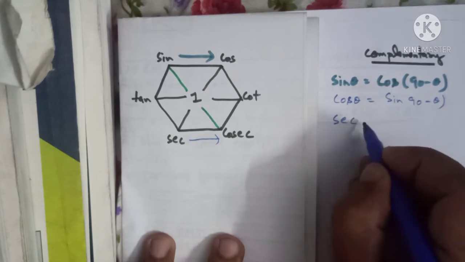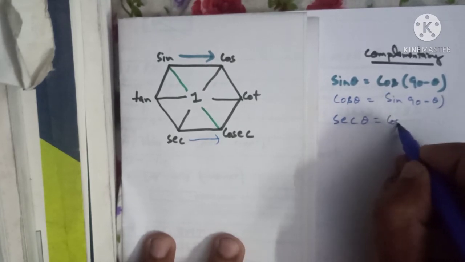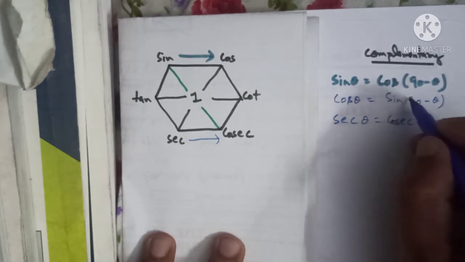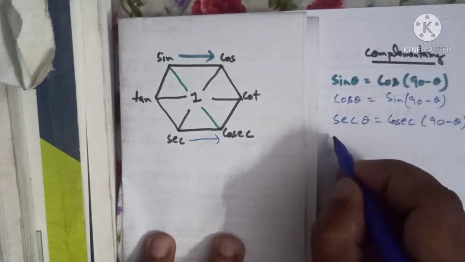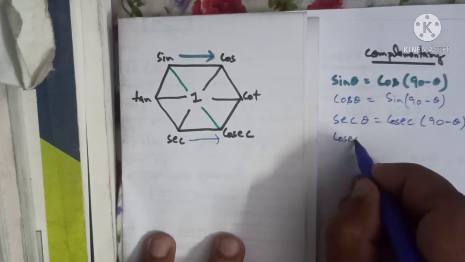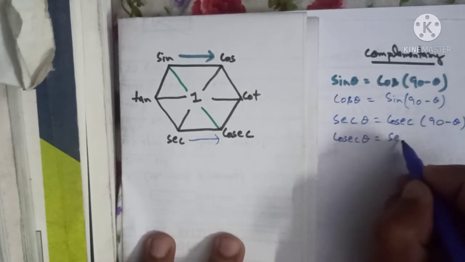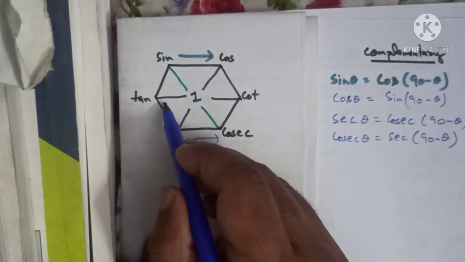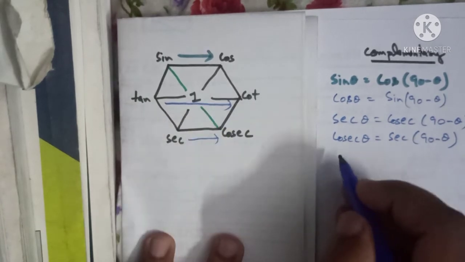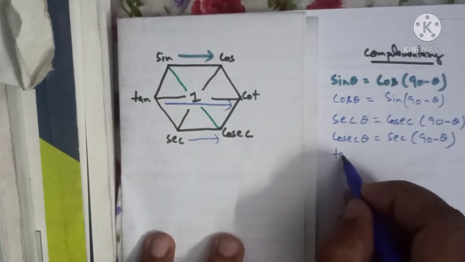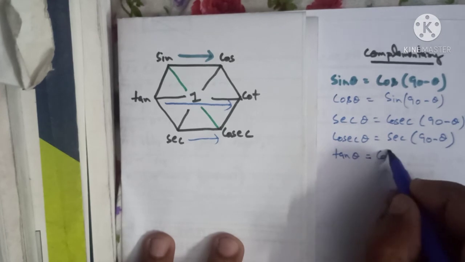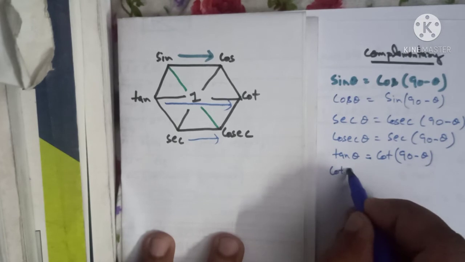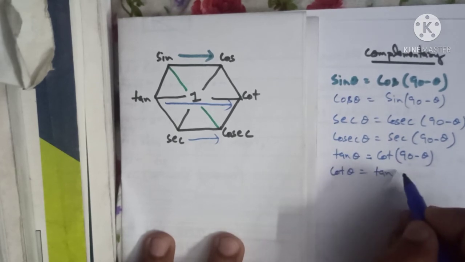So we can write sec theta is equal to cosec of 90 minus theta, and cosec theta is equal to sec of 90 minus theta. Only one is left, that is tan and cot. So tan theta is equal to cot of 90 minus theta, and cot theta is equal to tan of 90 minus theta.